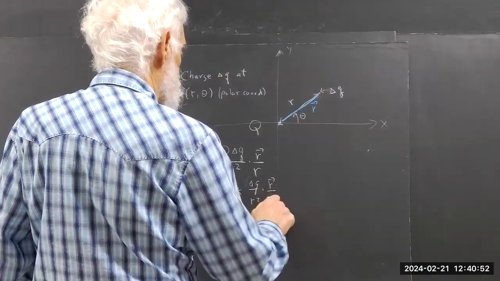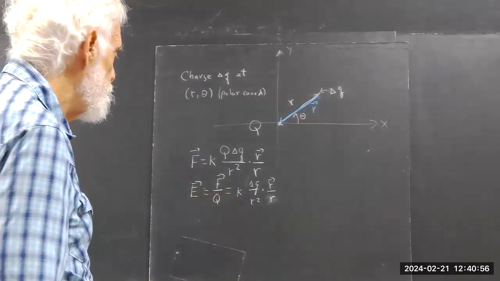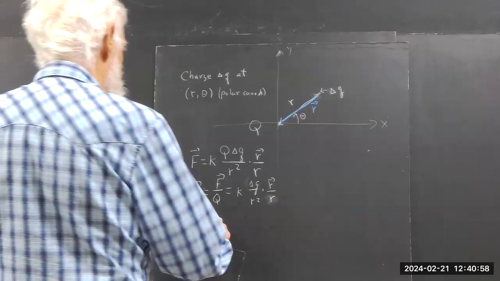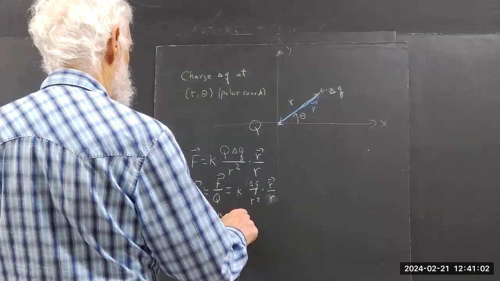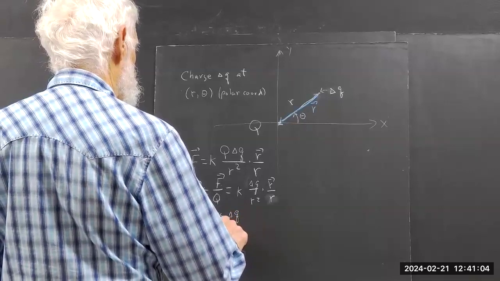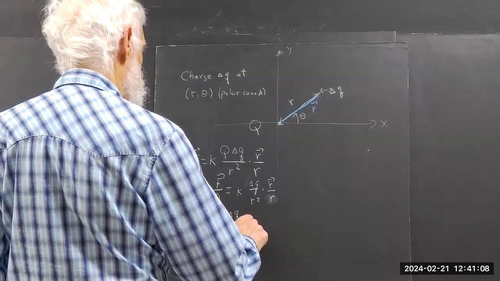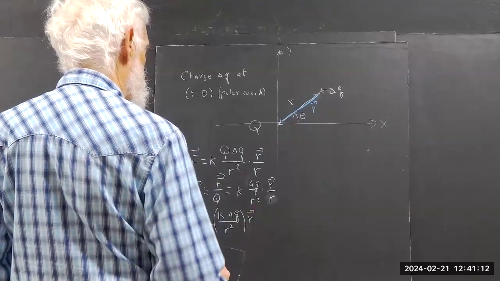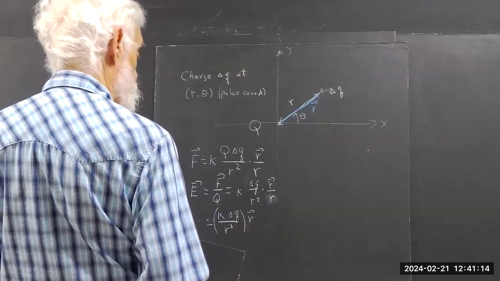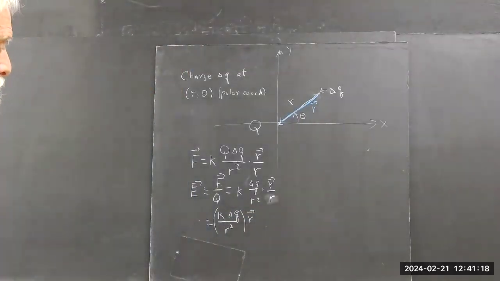Well, the magnitude of the r vector is just r. And we could summarize that as K delta Q over r cubed times the r vector. Make sense?